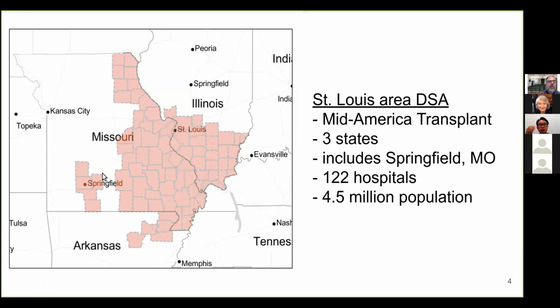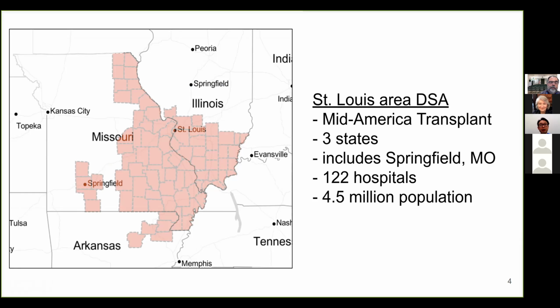Our donor service area that includes St. Louis is serviced by the Mid-America Transplant OPO. This area covers the eastern part of Missouri, southern Illinois, and then the northern tip of Arkansas. You can see that the boundaries aren't always contiguous. Springfield, Missouri is actually included in our donor service area.